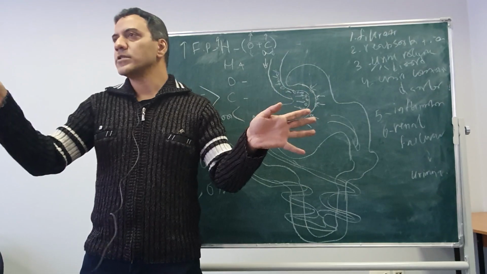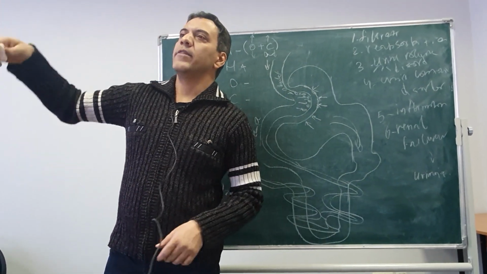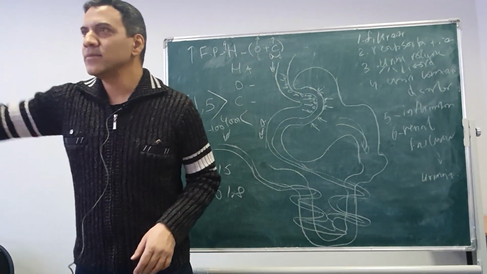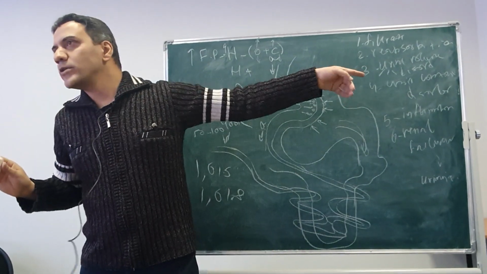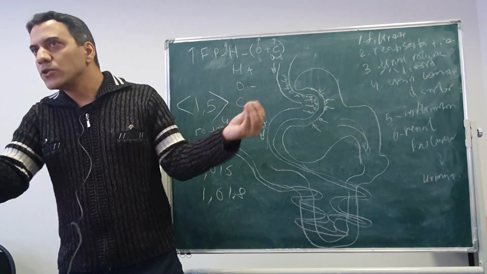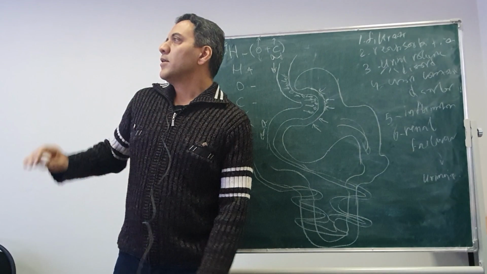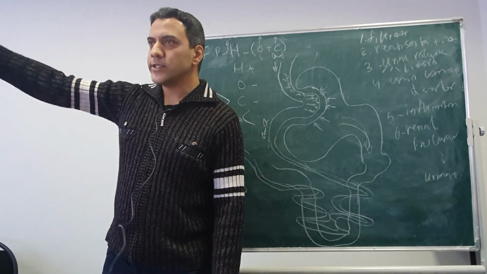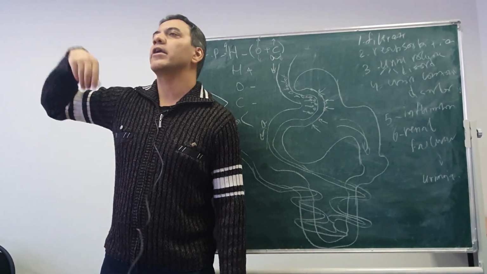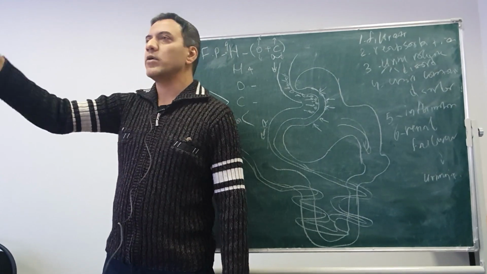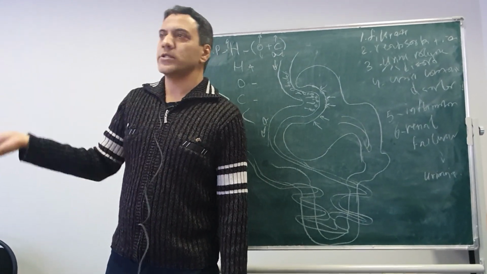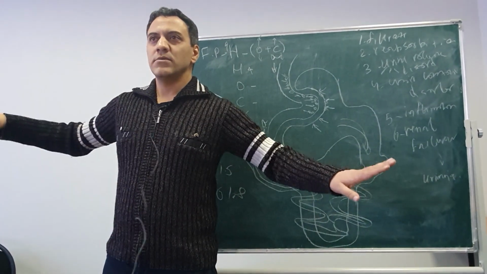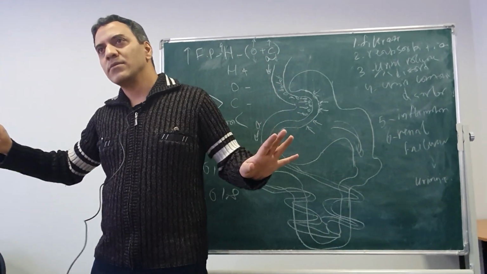But what is the difference? For acute renal failure, the causes are acute. For chronic, the causes are chronic. Understood? For example, pre-renal acute cause: shock, sudden hypotension.